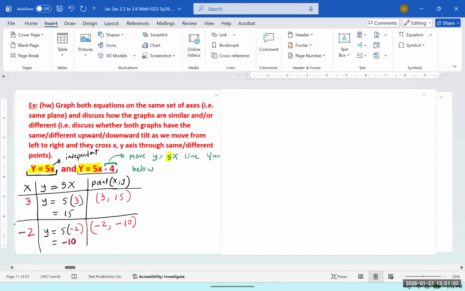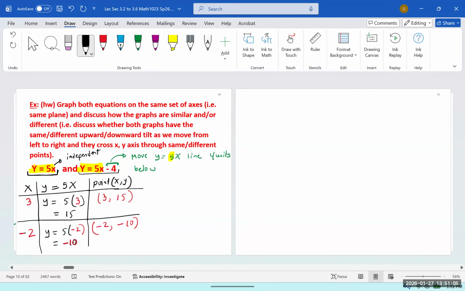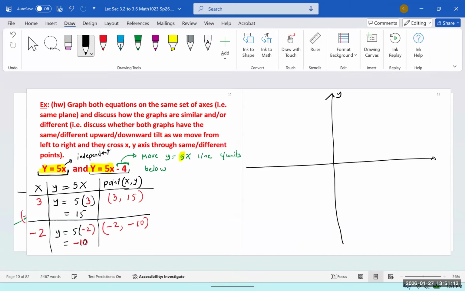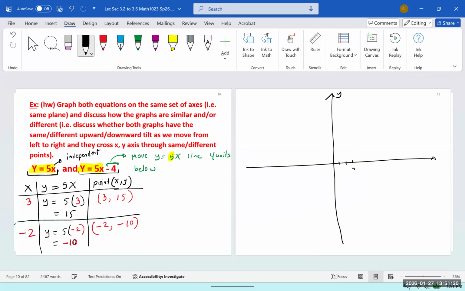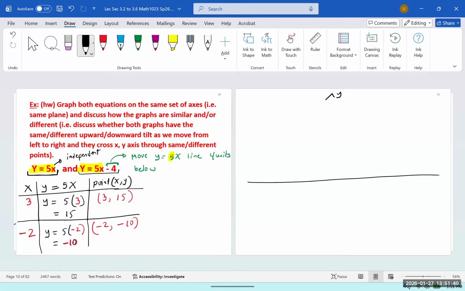So let me plot them. This is our x. This is our y. The first one is 3, 15. And the next one is -2, -10. So 1, 2, 3. Our x value is 3, y value is 15. I have to make it smaller. So let me go a little bit downward. X and y.